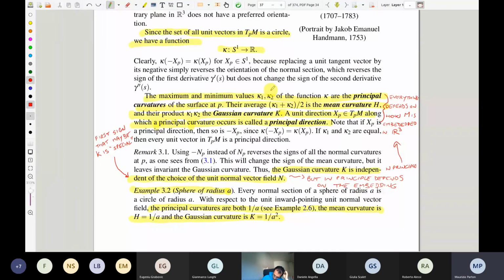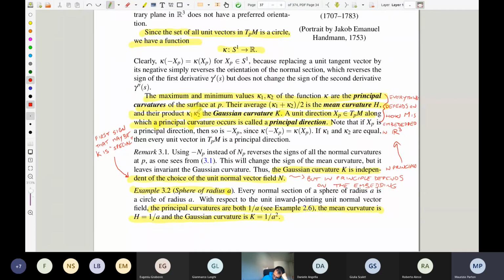Also, if you want to synthesize these numbers in just one single number, what can you do? Well, you can take the average. Okay, it makes sense. And how do you call it? Mean curvature. Sounds good. It's the mean of these two curvatures.